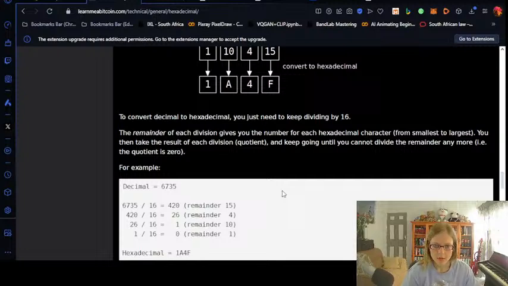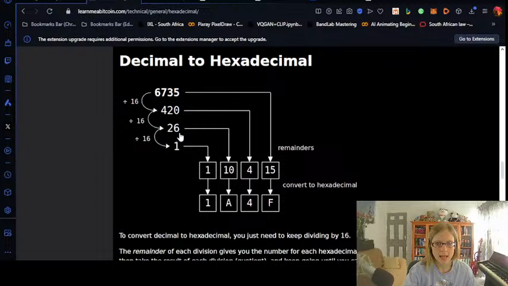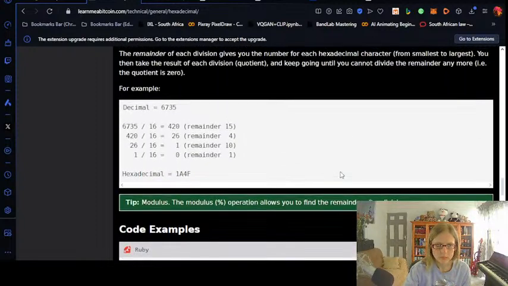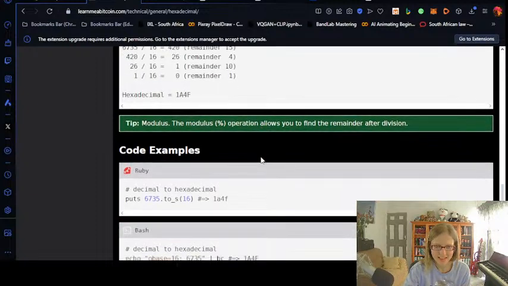You then take the result of each division and keep going until you cannot divide anymore. In other words, until the quotient is 0. Okay, because if you said 1 divided by 16, you're going to get 0 point something. And there it's basically done it for us.